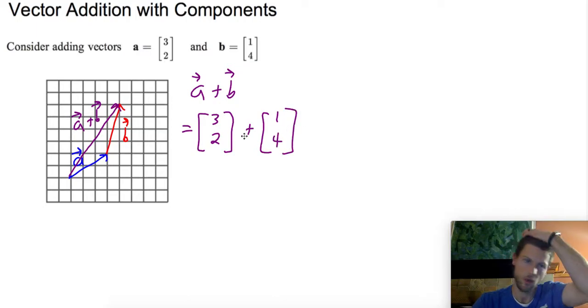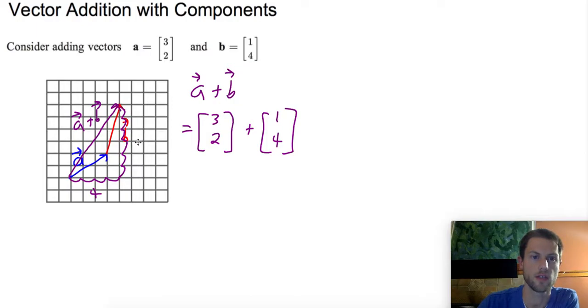And if you kind of see what's going on here, if I were to analyze using my graph, in purple, I went over a total of 1, 2, 3, 4 in the horizontal direction, and I went up a total of 1, 2, 3, 4, 5, 6 in the vertical direction. So the vector A plus B, we already know, is going to come out to be 4, 6.